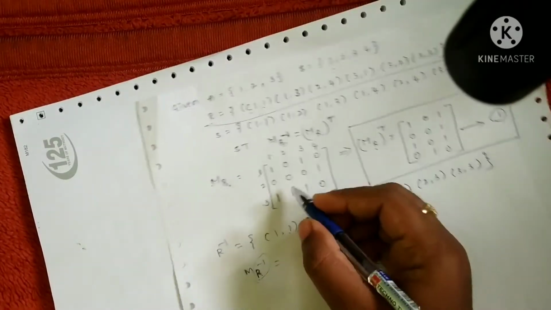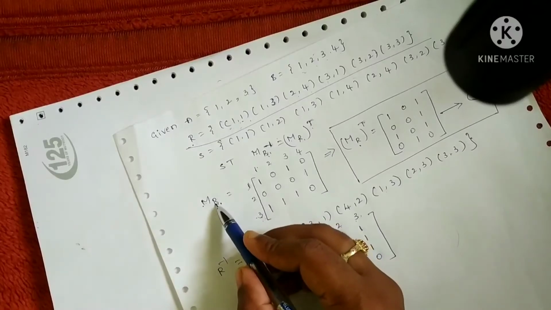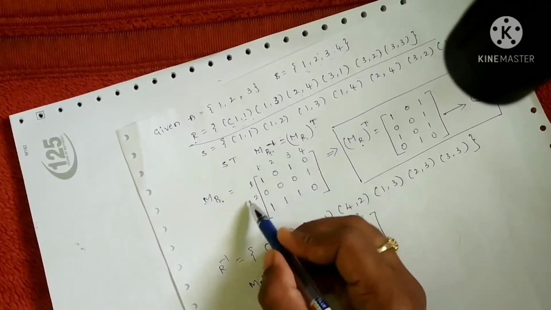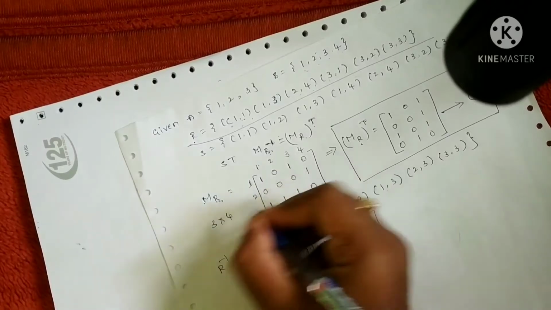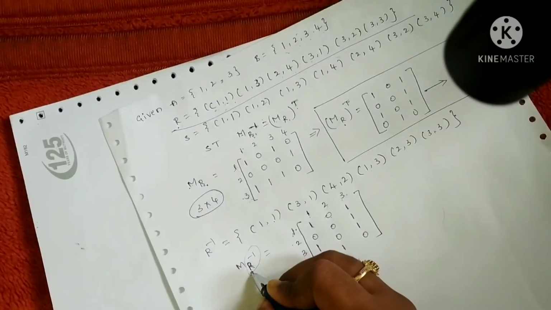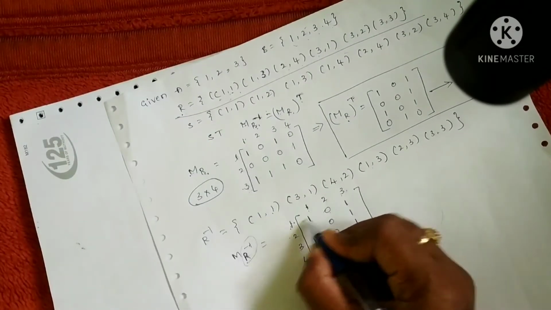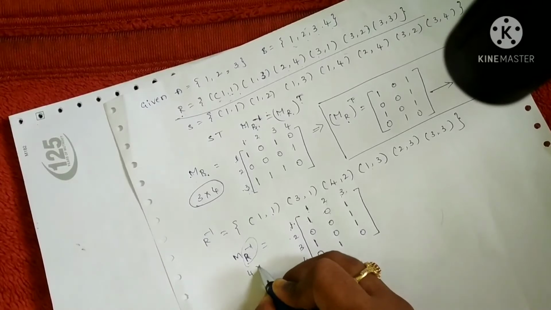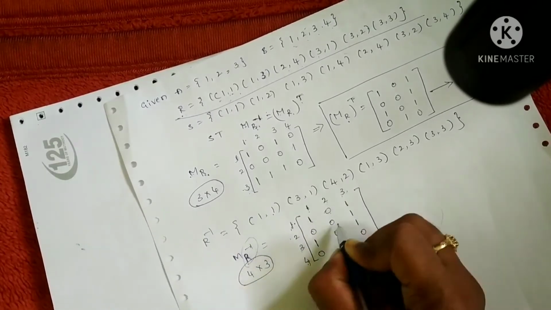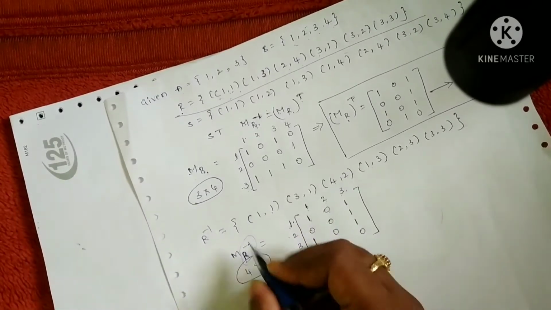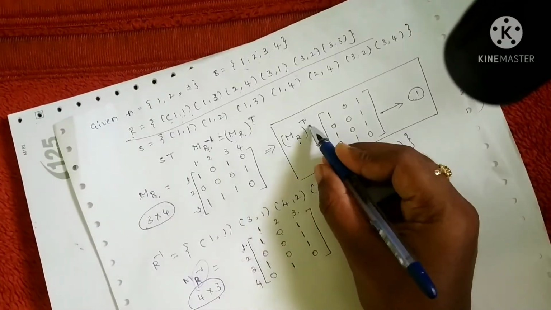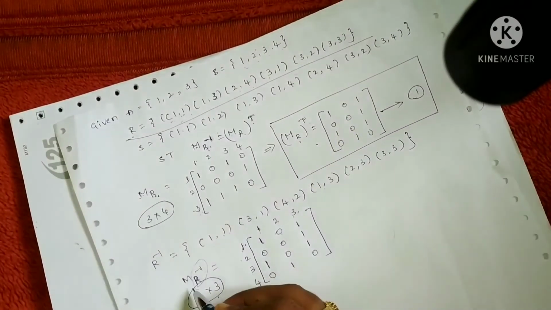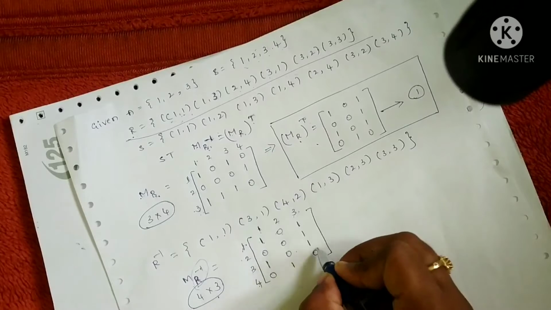Now we can clearly see the difference: the matrix of relation R is of order 3 cross 4, 3 rows and 4 columns, whereas the matrix of relation R inverse is of order 4 cross 3. Right, 1 2 3 4, 4 cross 3. So here itself we can clearly draw the picture, right? M R transpose is this, whereas M R inverse is this.